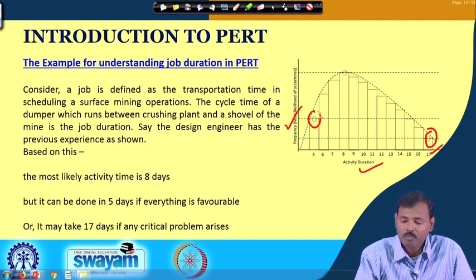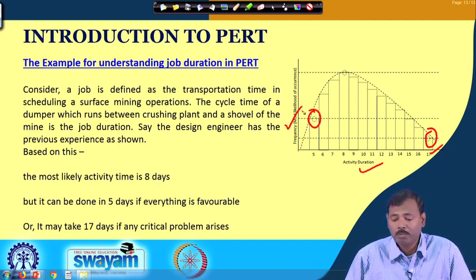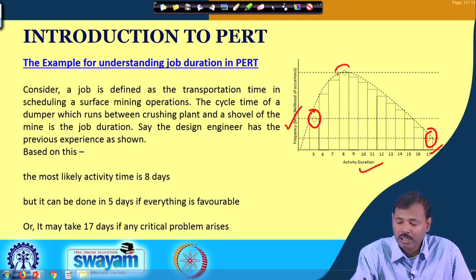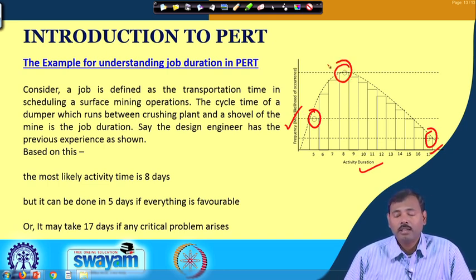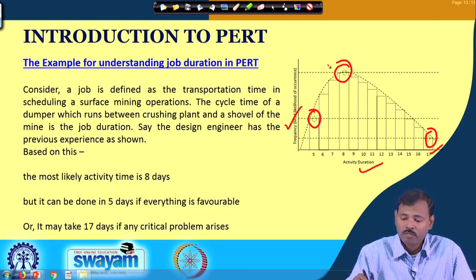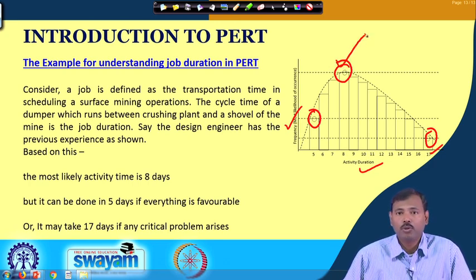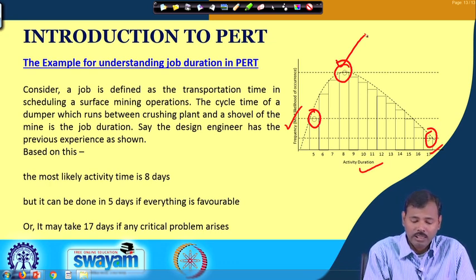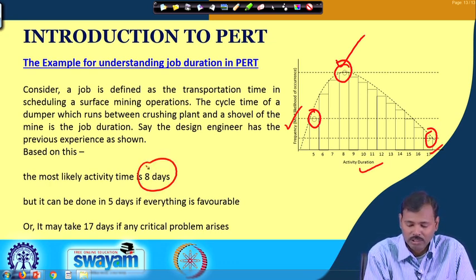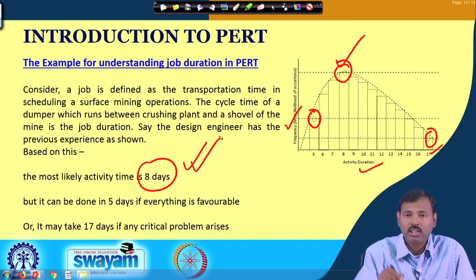As per our experience we are considering 5 minutes, but so far, whatever experience we have gained, we have found that 8 minutes is taken most of the time by the dumper operators to run between the shovel and the crusher. So, this is the time we experience most of the time, and whether it is days, hours or minutes, that is the most likely time.